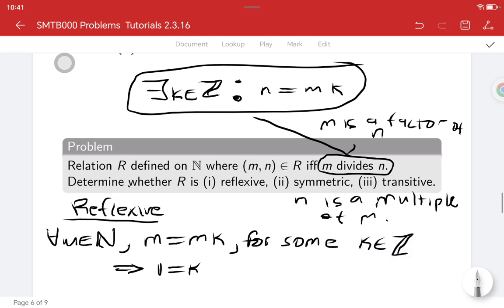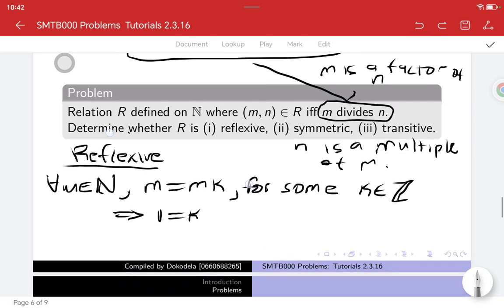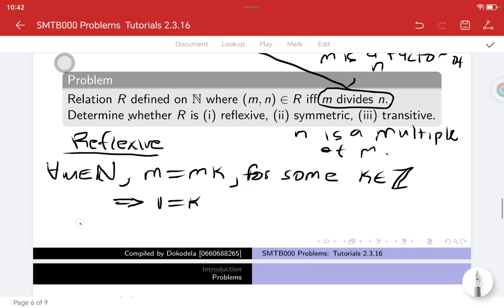Remember from mathematical induction, when you are assuming P(k) to be true, you're saying that this is true for some k. In other words, even if it's one element, it will be correct.